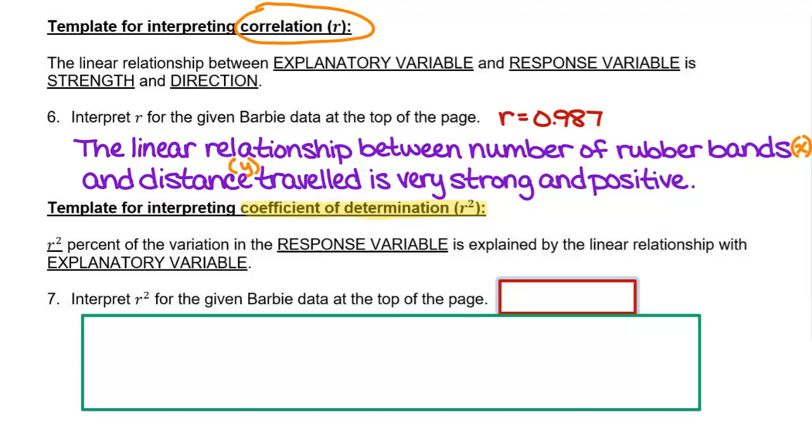So R squared percent of the variation of the response variable is explained by the linear relationship with the explanatory variable. What was R squared from up at the top of the page? 0.974. I want you guys to use that sentence frame and interpret this R squared value.